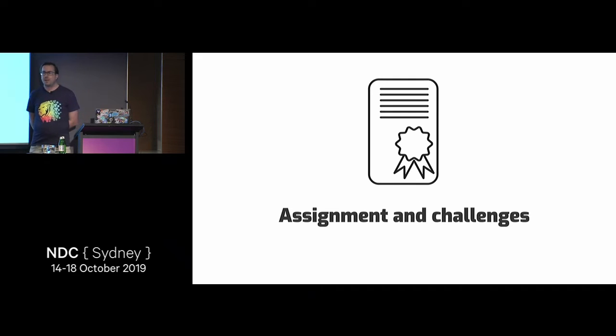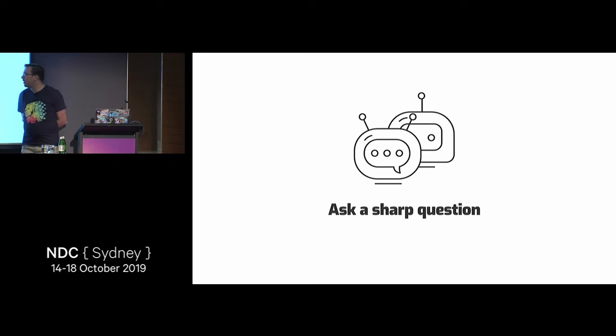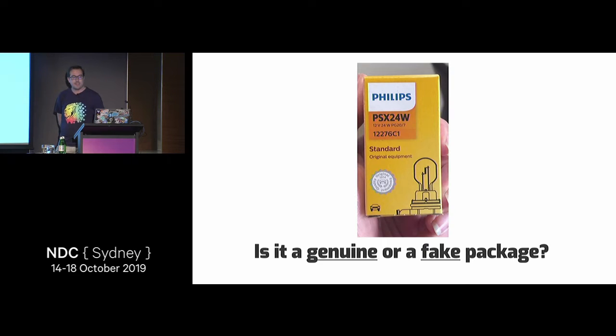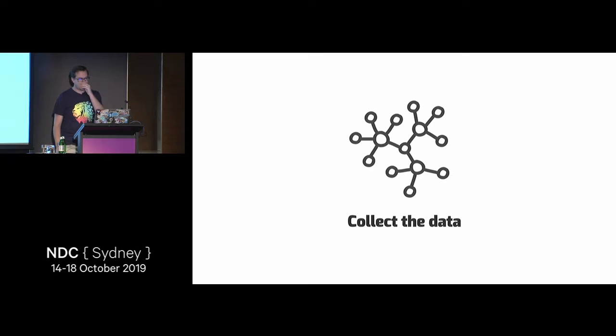So first, the assignment and the challenge. Almost every AI and machine learning project starts with formulating a question. And in this case, the question was, is this a genuine package or is it a fake package? So the solution we were making has to answer, if this picture comes in, if it is fake or genuine.